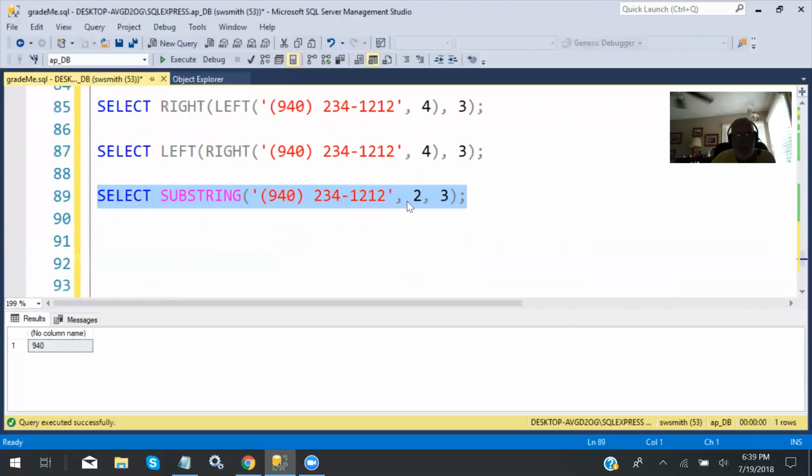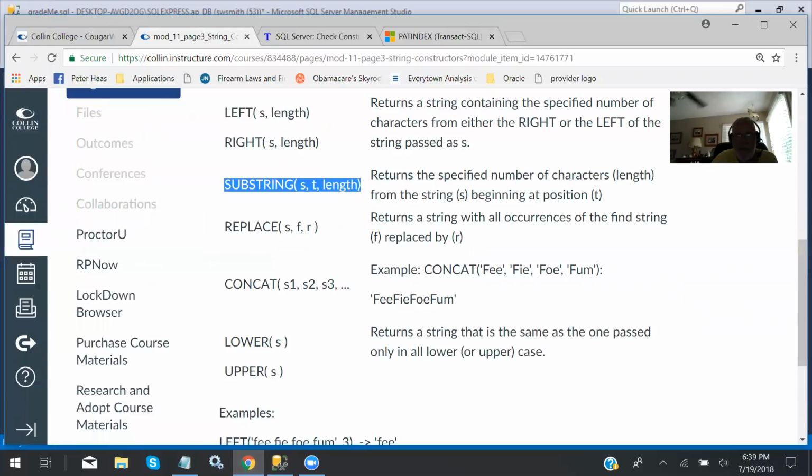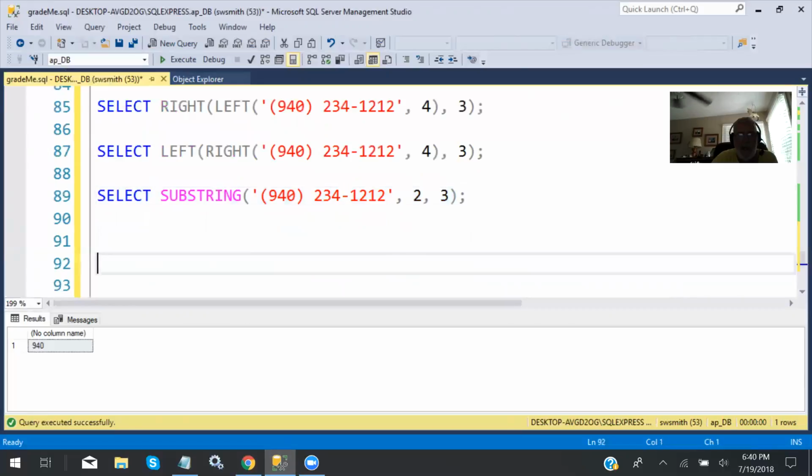So the first one is the string, the second one is the position, and the third one is the number of characters you want. So I say beginning at position 2, in other words, beginning here, give me 3 characters, and I get back the 940.